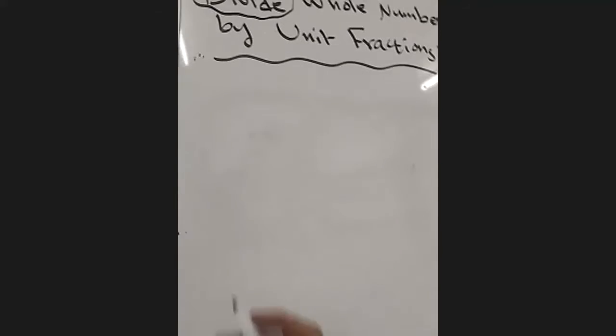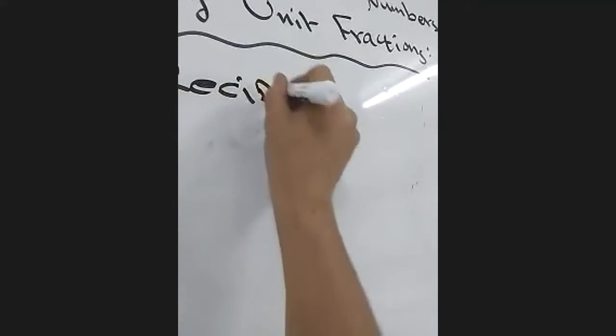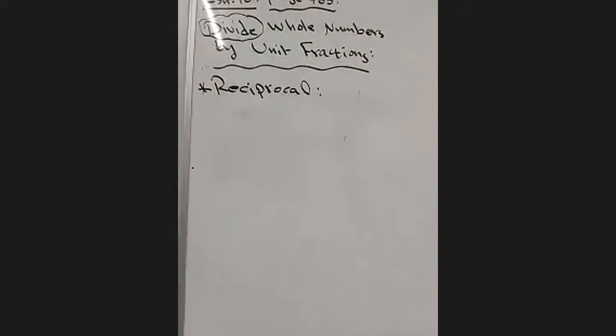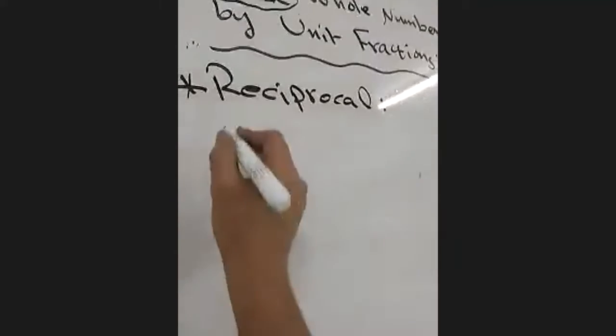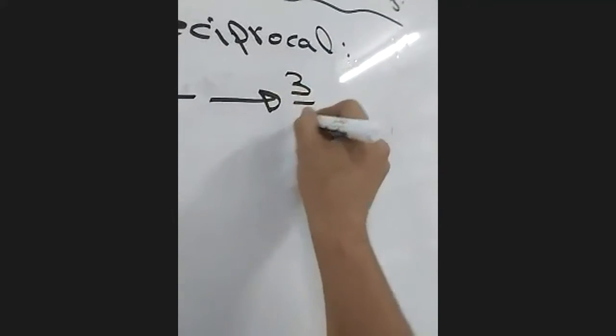Now in division, guys, we have steps. Before we take the division, I will give you something. We call it reciprocal. Focus here, guys. For example, the reciprocal of the fraction 2 over 3 is 3 over 2.